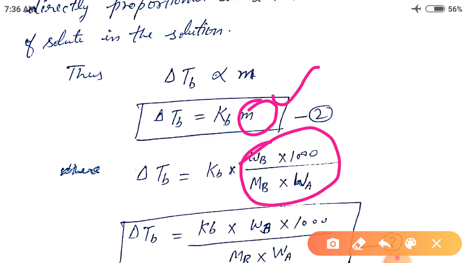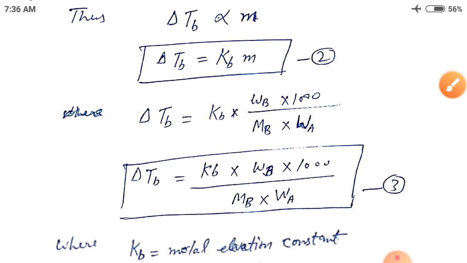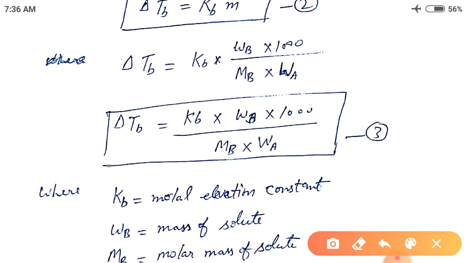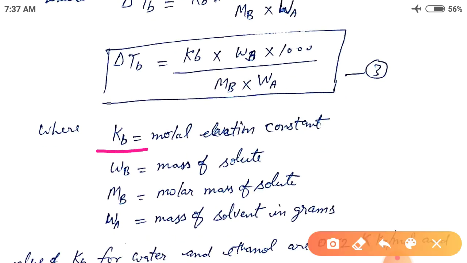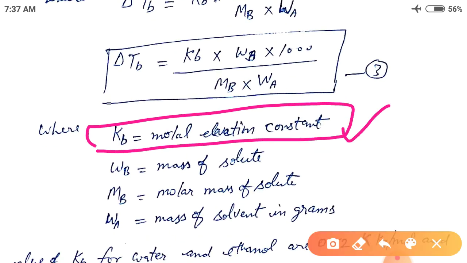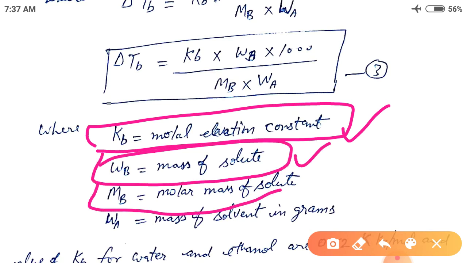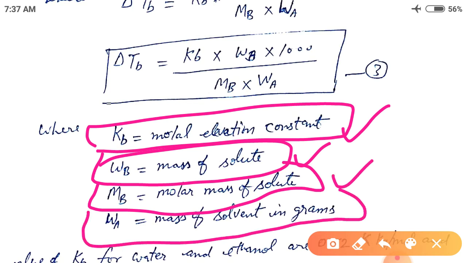Molality equals Wb into 1000 divided by Mb into Wa. We can convert this into the final equation, delta TB equals this. This is equation 3. Here Kb is the molar elevation constant, Wb is the mass of the solute, Mb is the molar mass of the solute, and Wa is the mass of solvent in grams.